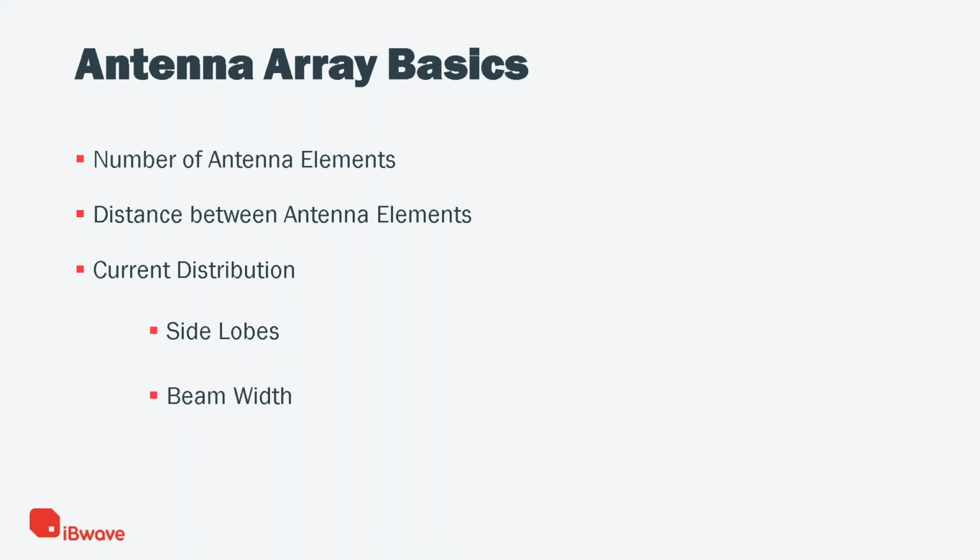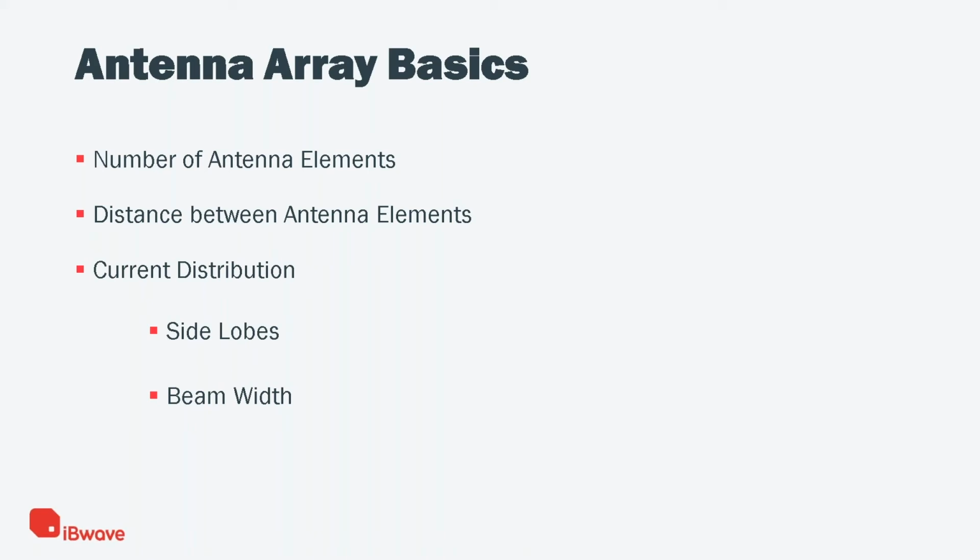We have seen in the previous example that as we increase the number of antenna elements, the beam width becomes narrow, and this will at the same time increase your beamforming gain. The other parameter that will affect your radiation pattern is the distance between antenna elements. And this parameter, in general, will affect the level of your side lobes.